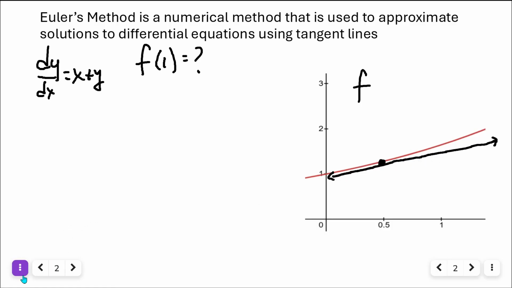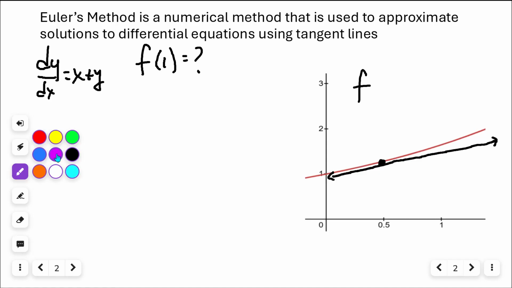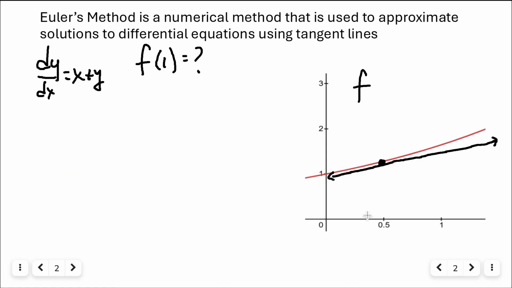So the idea that Euler had is he said, what we're going to do is this. We are going to take steps along a tangent line. So for example, let's say you built this tangent line at 0.5. Rather than find the value for f(1) using this tangent line, instead you're going to take a small step closer to 1, but you're not going to get to 1.